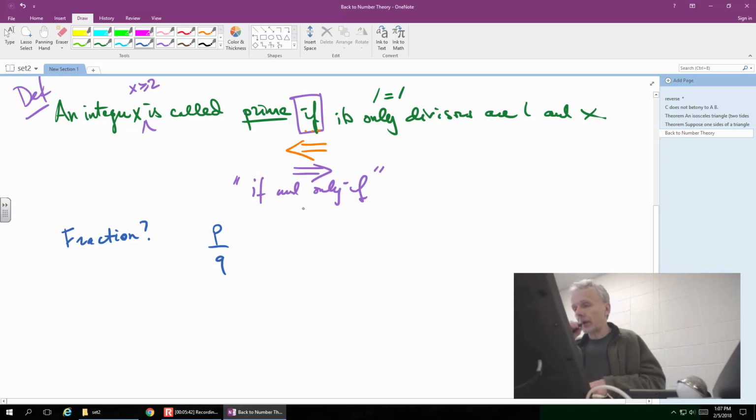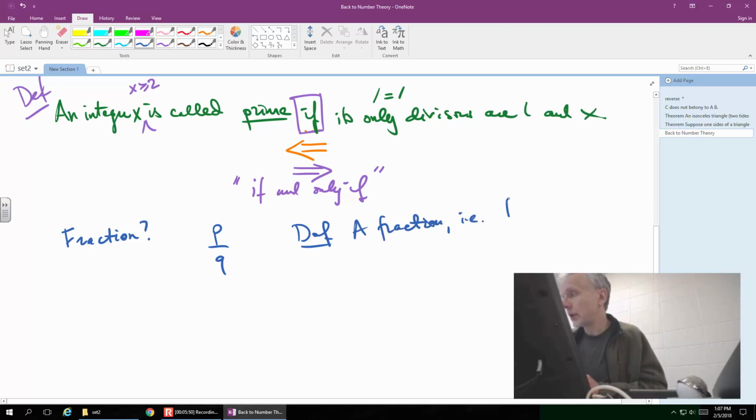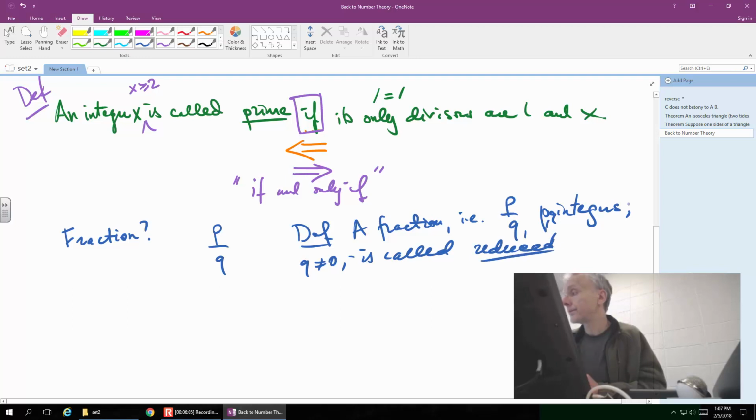Let's have a definition. So what's the definition? A fraction, which is p over q, p and q integers, with q not equal to 0, is called reduced when what? Or if.